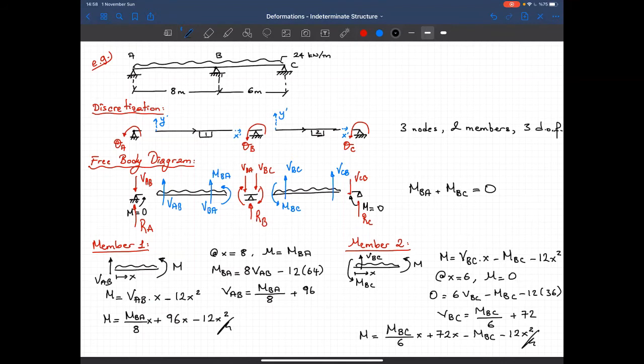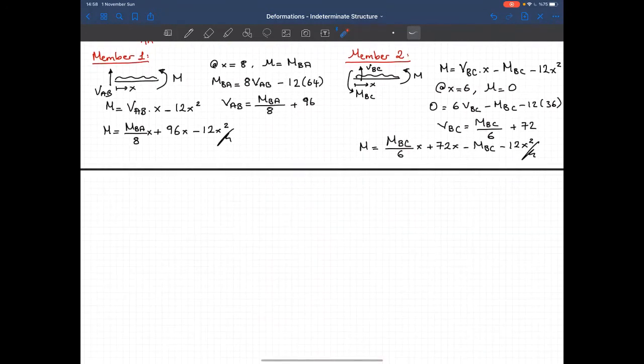So what I obtain here is moment equations for both members written in terms of MBA and MBC. Okay, why did I use MBA and MBC? Because I have a relationship between them. Okay, that's what I'm going to use to combine the equations. We will see. Now let's continue.